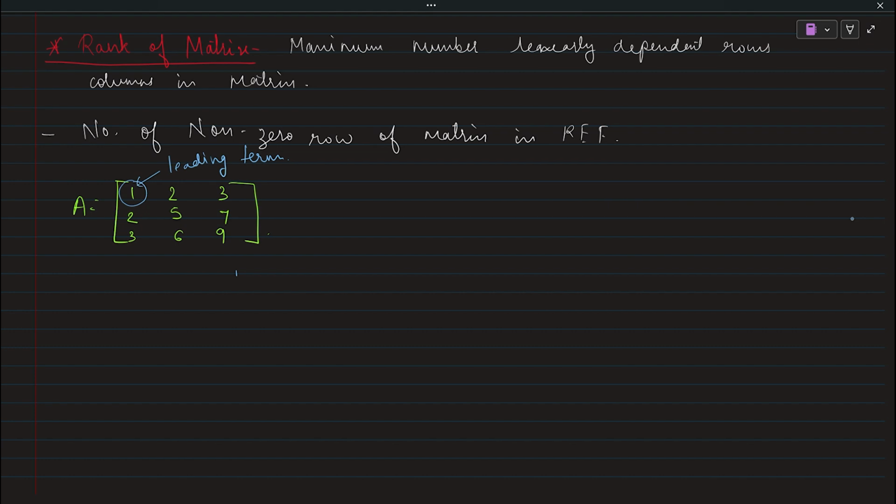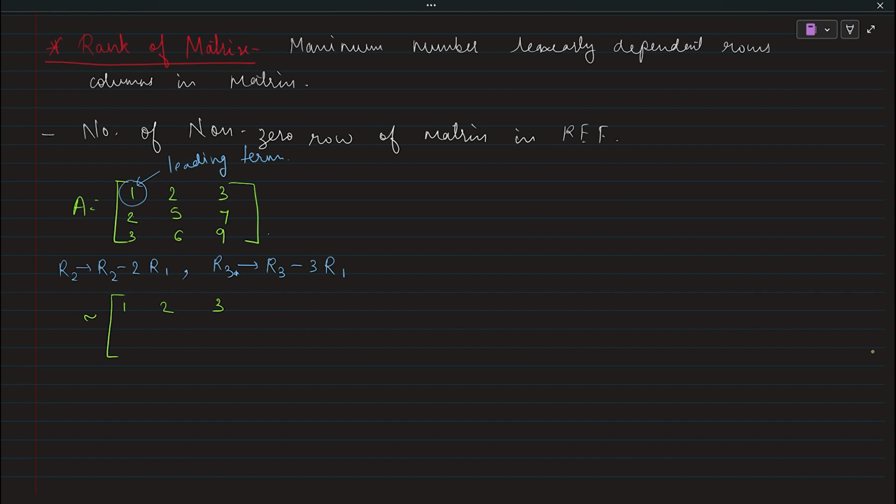Like for the second row, R2 tends to R2 minus 2R1 and R3 tends to R3 minus 3R1. So by these operations, we can make this 2 and this 3 zero. So the matrix will be 1, 2, 3 since there is no change in the first row.